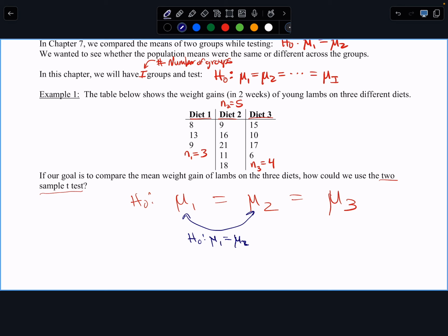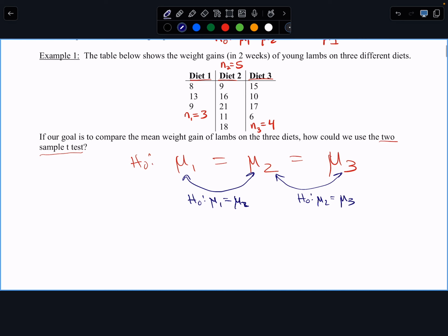I would have to do the t-test for the comparison of mu2 and mu3. Right? And then there's one more, because I don't know if I'm going to reject these or not, right? So I don't know that mu1 equals mu2 and mu2 equals mu3. So I can also test whether mu1 equals mu3.